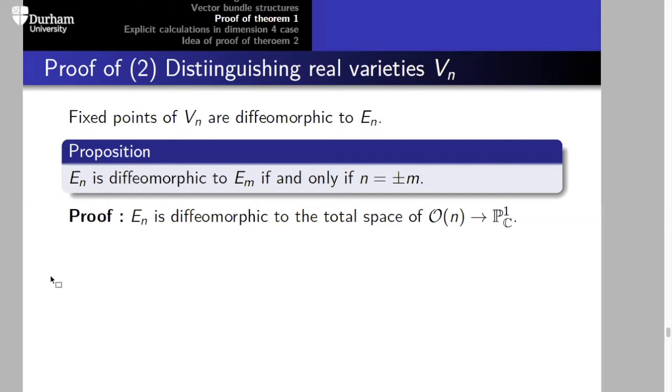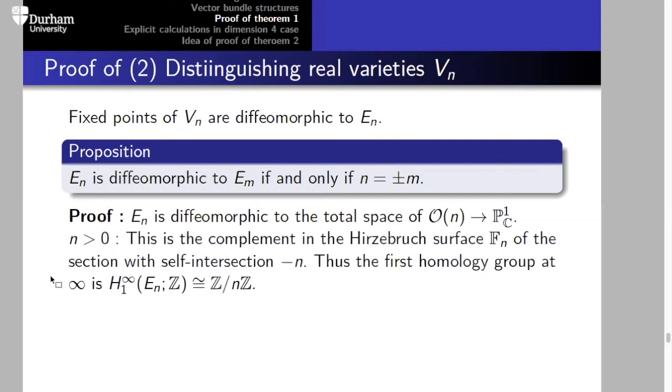For En and Em, if n is bigger than 0 and m is bigger than 0, I'll show that En is homeomorphic to Em only if n equals m. One way to do this is to look at En, which I constructed as the total space of a complex line bundle over the projective line.